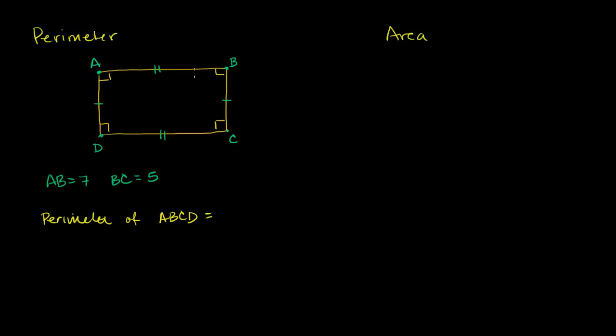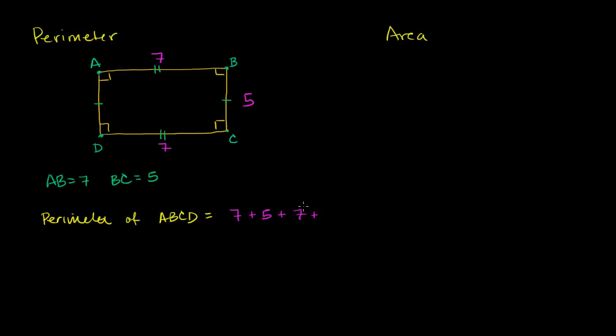If I were to build a fence, if this was like a plot of land, I would just have to measure how long is this side right over here. Well, we already know that's 7 in this color. So that side right over there is of length 7. So it'll be 7 plus this length over here, which is going to be 5. They tell us that BC is 5 plus DC is going to be the same length as AB, which is going to be 7 again.